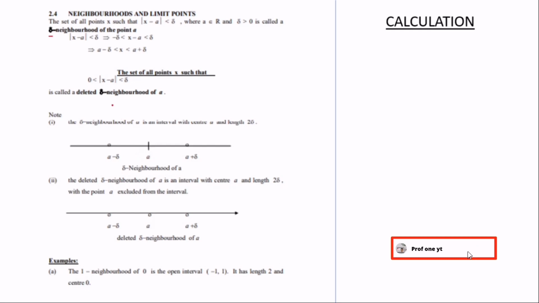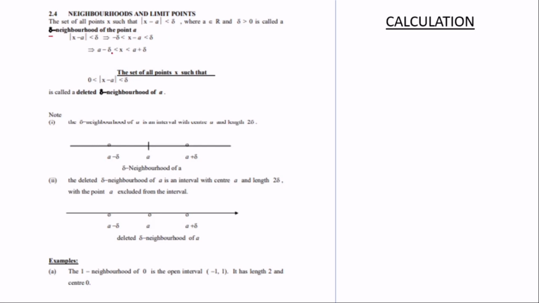Now let's go here and see something new. The absolute value of x minus a should be less than sigma. When you simplify that, you're going to get negative sigma less than x minus a less than sigma. Now we are trying to find the interval, right? So you can solve for this side and also solve for this side.